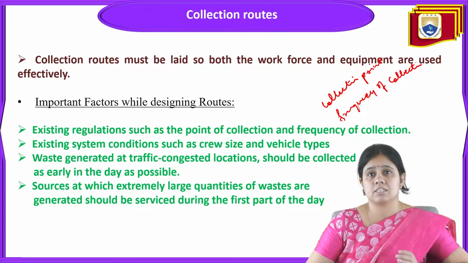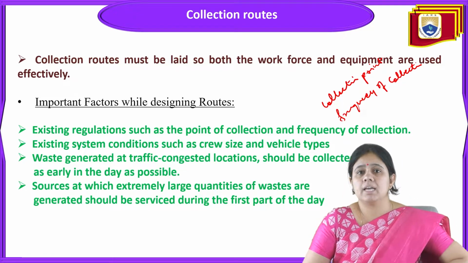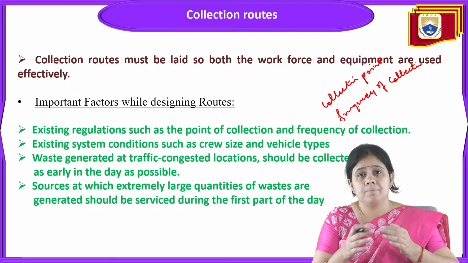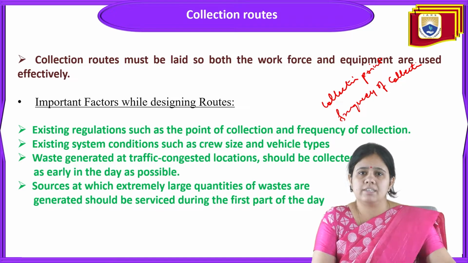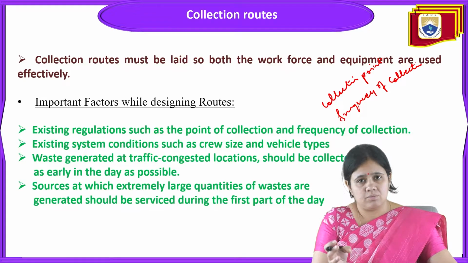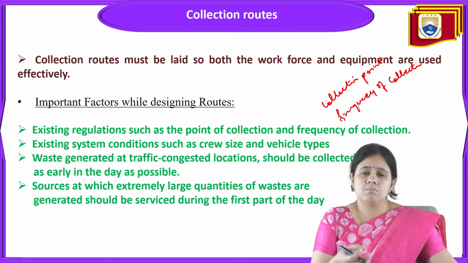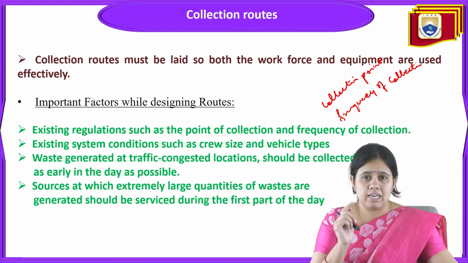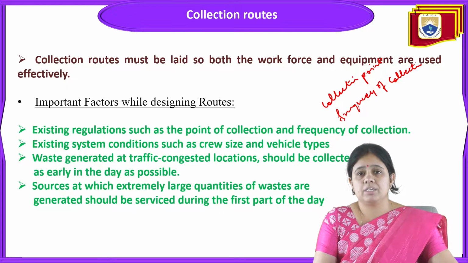And the existing system condition, like the crew size and the vehicle types, meaning which type of vehicle should be used for collection, because some places have more waste generation. That's why the collection frequency and collection point are very important.